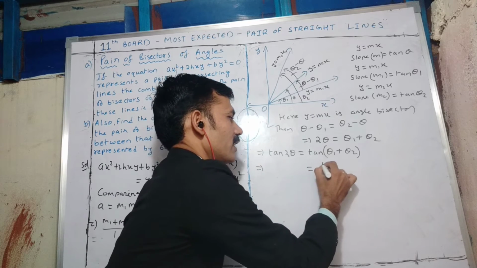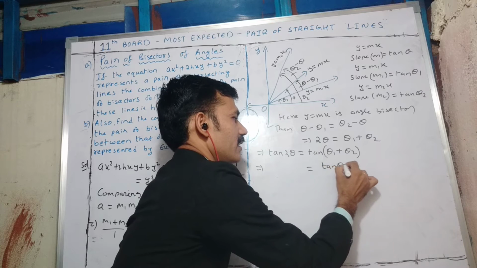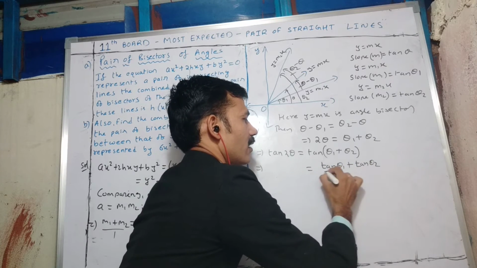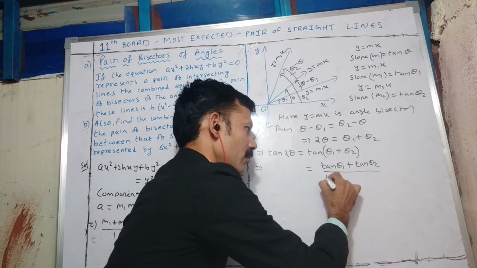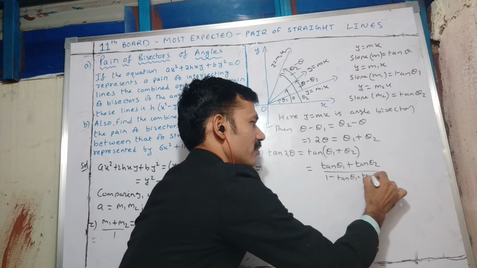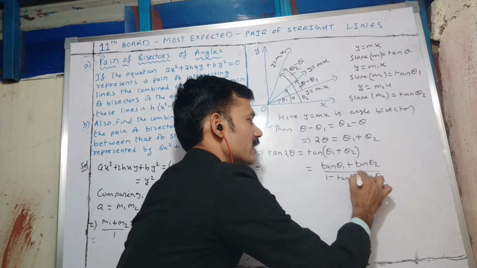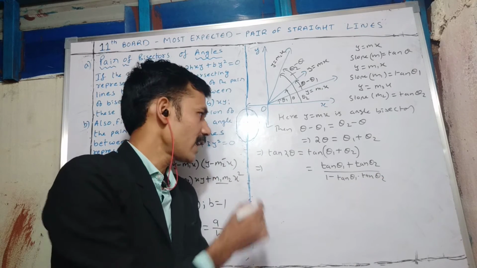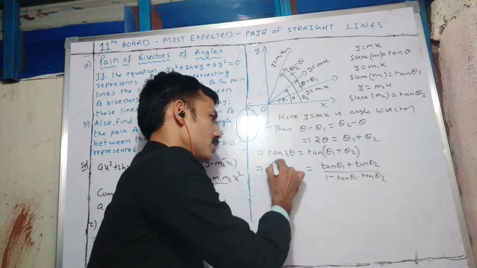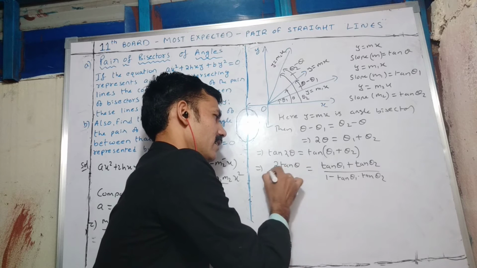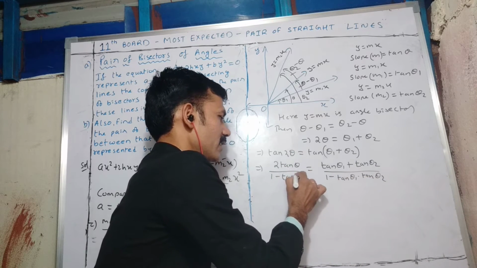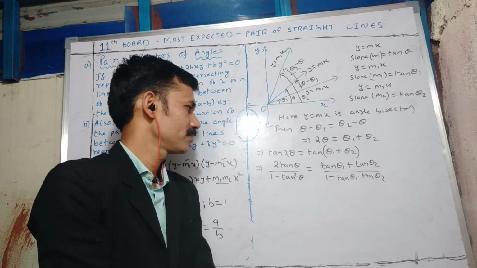Tan A plus B is tan A plus tan B upon 1 minus tan A times tan B. Here multiplications. So tan 2 theta also we can get from that: 2 tan theta upon 1 minus tan theta into tan theta, that is tan square theta. This is the formula for tan 2 theta.